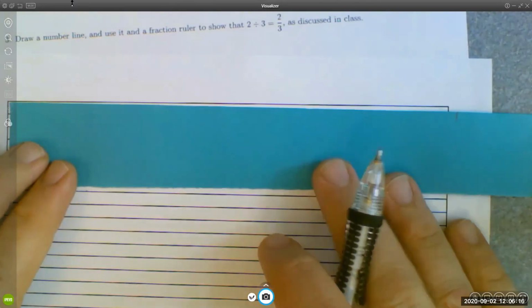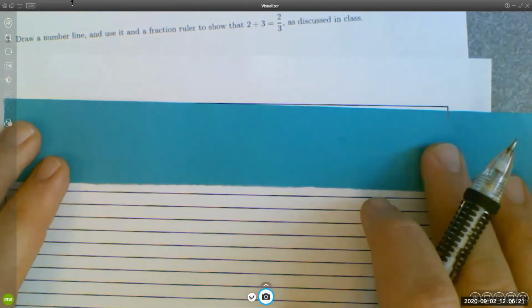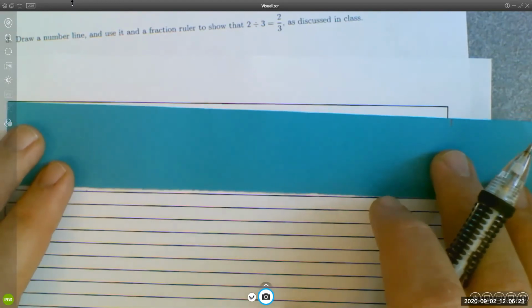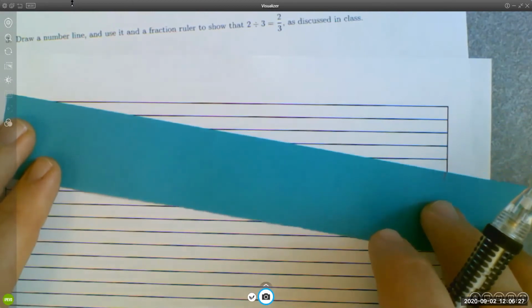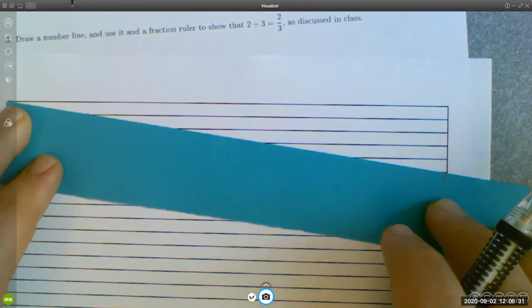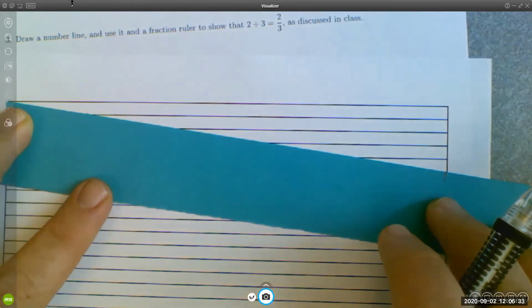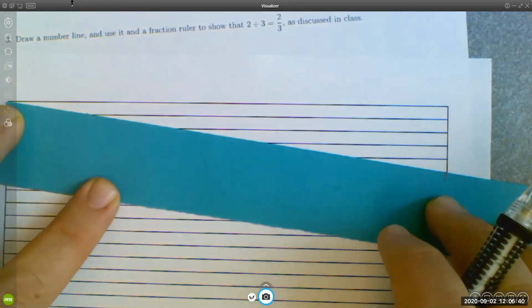So I take my lined paper, I line up the first corner here, and then I drag the other side of my paper down 5 spaces. So I'm going to go 1, 2, 3, 4, and 5. And it just barely fits on the lined paper that I made. Okay. So there we go.